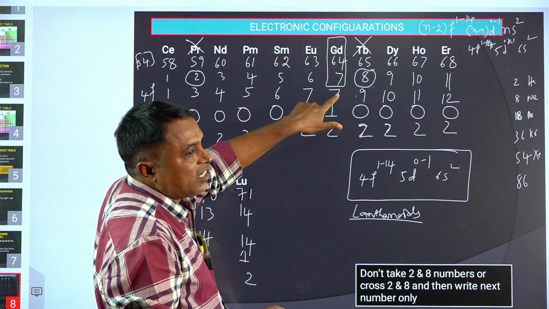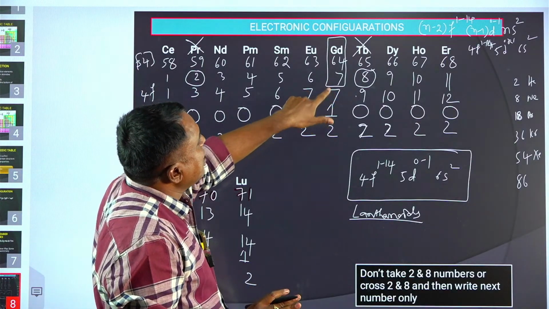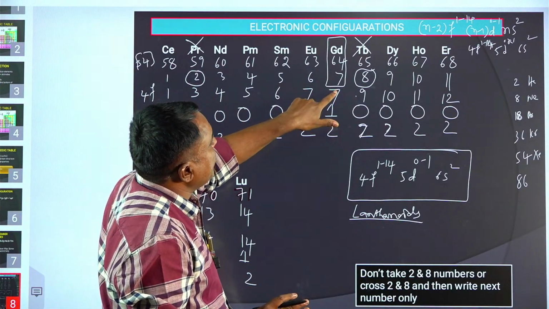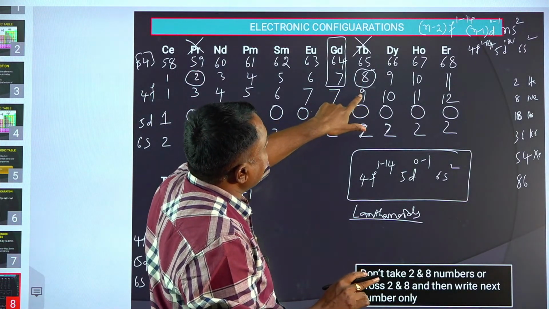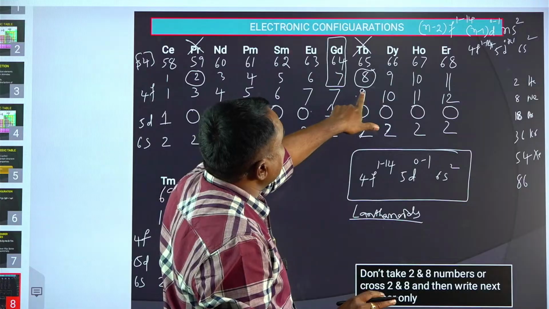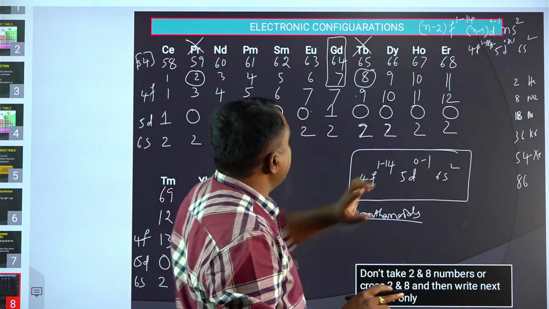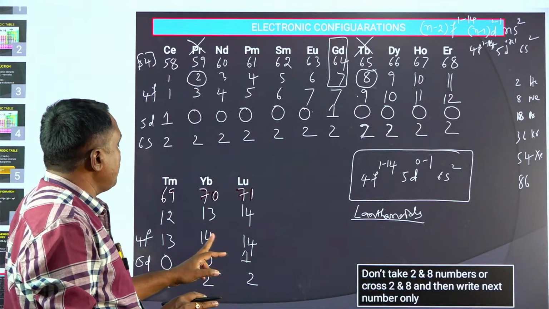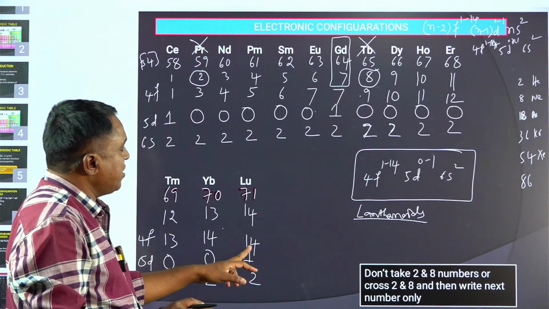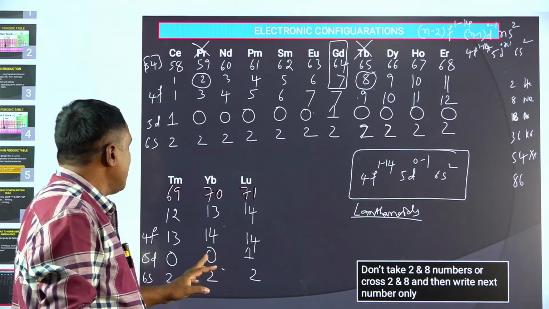This is as usual because it is half filled. It is extra stable. After the 7, 8 is blank. Therefore you write the next number 9. Then after the 9, 10, 11, 12, 13, 14. Again it is completely filled. That's why it should be 14 only.